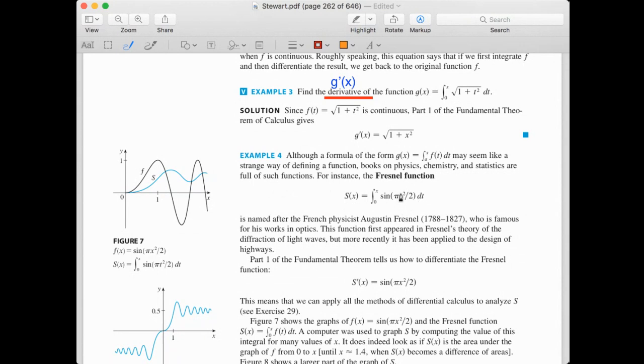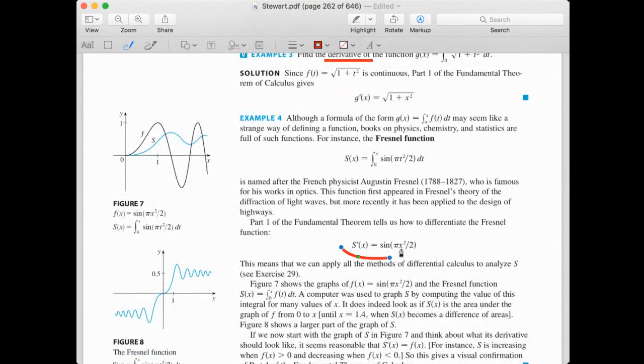Again, we have t squared here, so the domain of this function is all real numbers. Then we can conclude S prime of x equals the integrand, with t substituted by x.